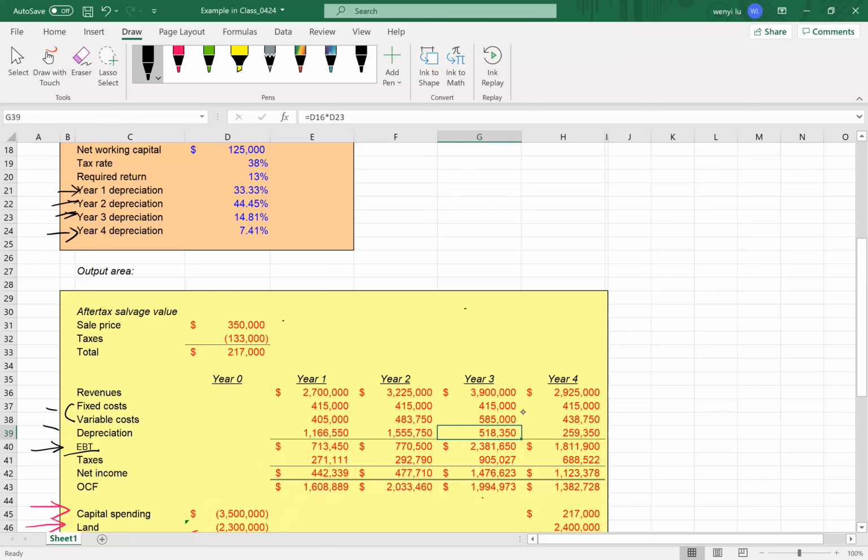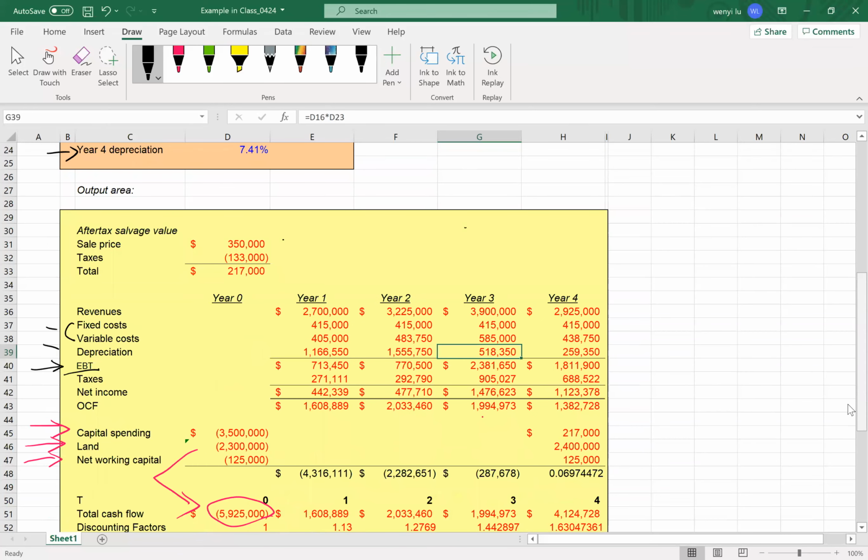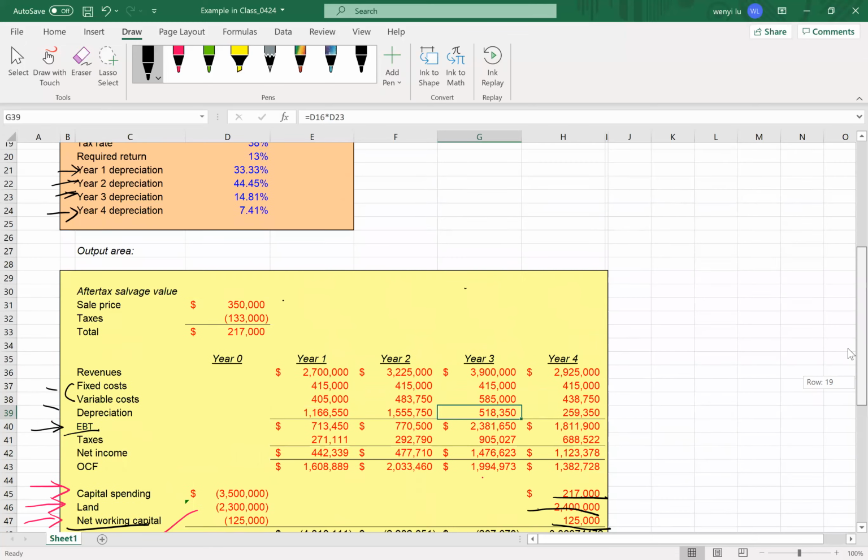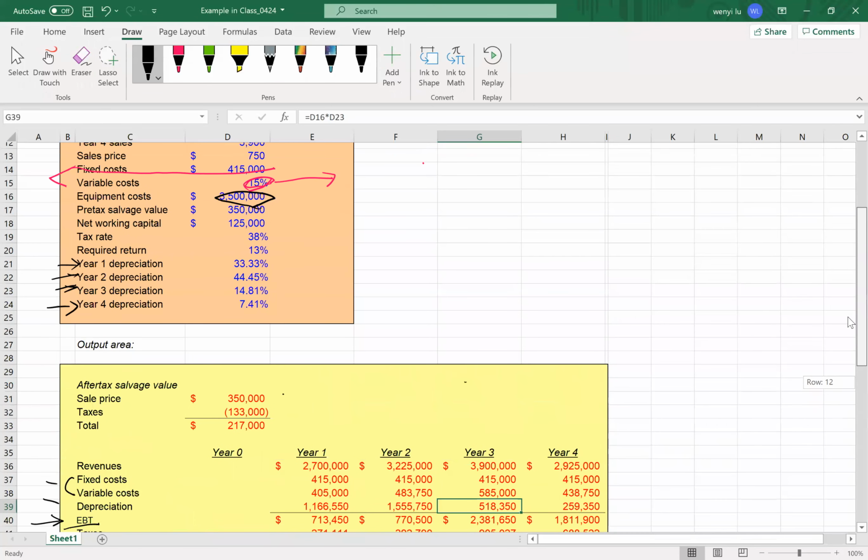Then we need to add back some cash flows at time 4. Time 4 is the end of this project, so you can release the working capital. You need to add back the working capital, and also the salvage value after tax, and also some capital spending you have remaining.